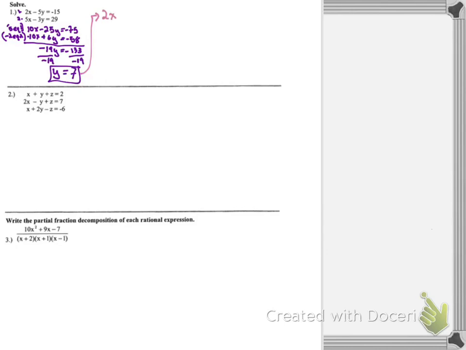We get 2x minus 5 times 7 equals negative 15. 2x minus 35 equals negative 15. We're going to add 35 to both sides. We get 2x equals 20. x equals 10. So our final answer is going to be that ordered pair of (10, 7).